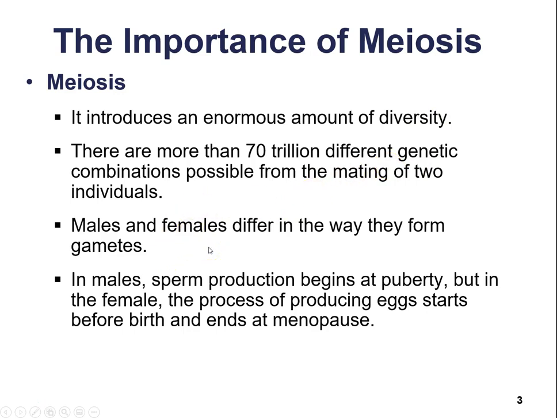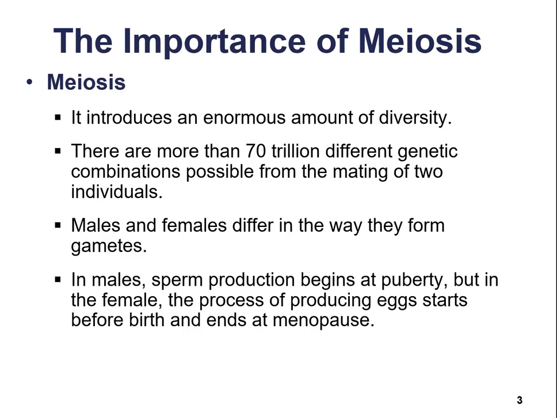Males and females differ in the way they form gametes. We're talking about egg cell production versus sperm cell production. Both involve meiosis, but there are differences. It mentions here that sperm production begins at puberty in males, but in the female, the process of producing eggs starts before birth and ends at menopause.